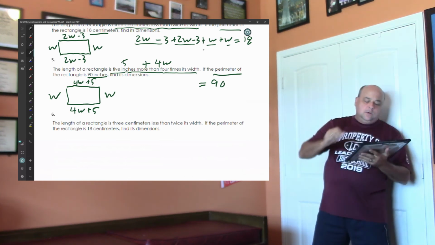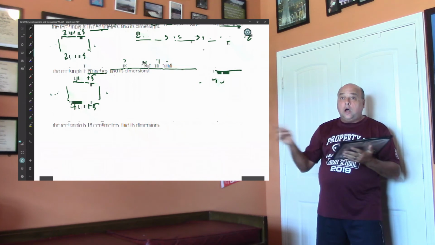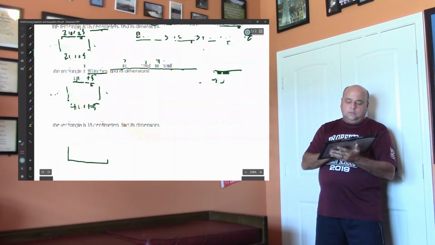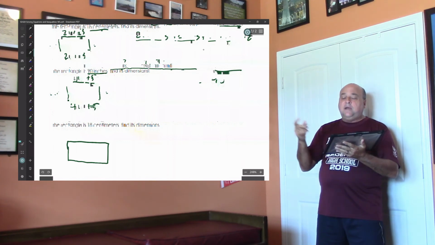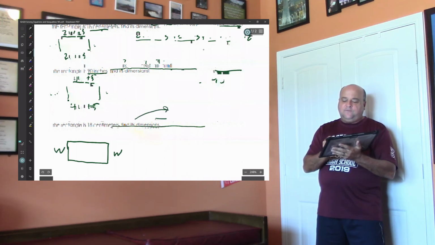Let's continue on. Number 6. Same thing: draw a rectangle. It talks about the length in terms of the width, so again, w and w. And right here, we have less than, so we have to flip.